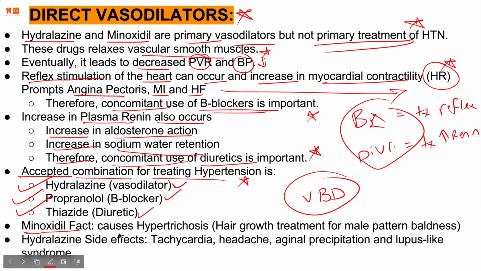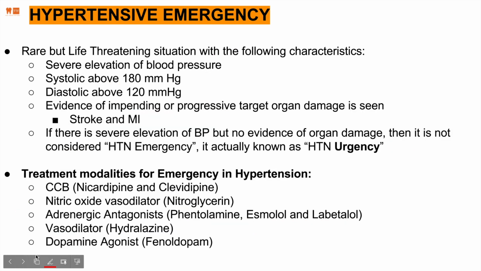Minoxidil fact, it causes hypertrichosis, which is hair growth, used as treatment for male pattern baldness. Hydralazine side effects: reflex tachycardia, headache, anginal precipitation, and lupus-like syndrome. Okay?